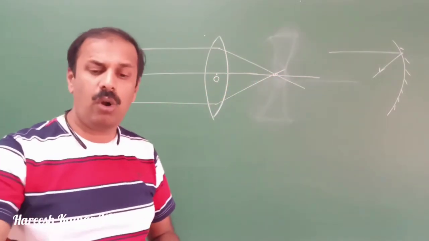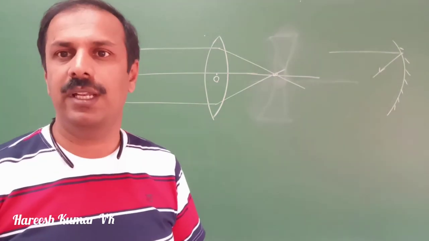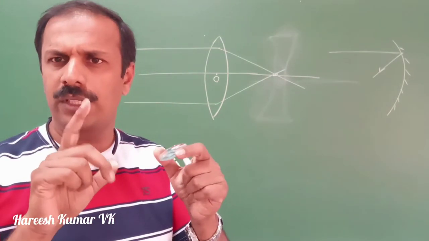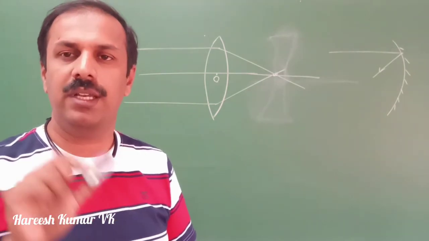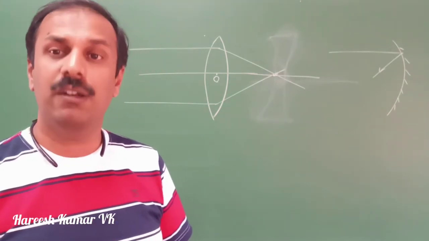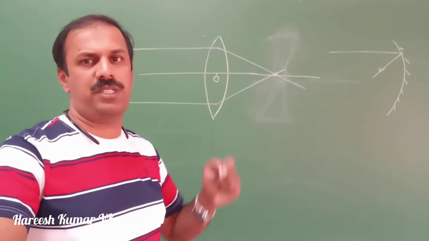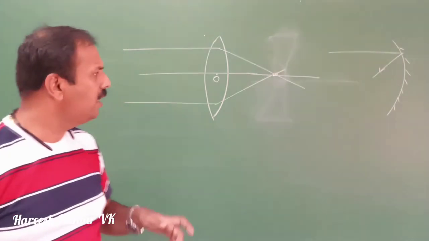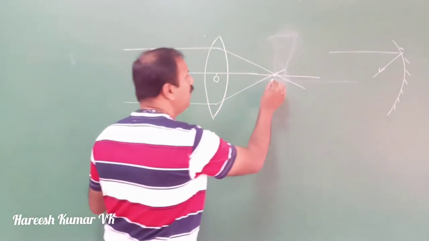So a convex lens is called a converging lens. You should know the difference. In the case of a mirror, concave was the converging mirror. Here the convex lens is converging and concave will be diverging. In the case of a mirror it was opposite. So this is a converging lens. So this point is called the focus here.